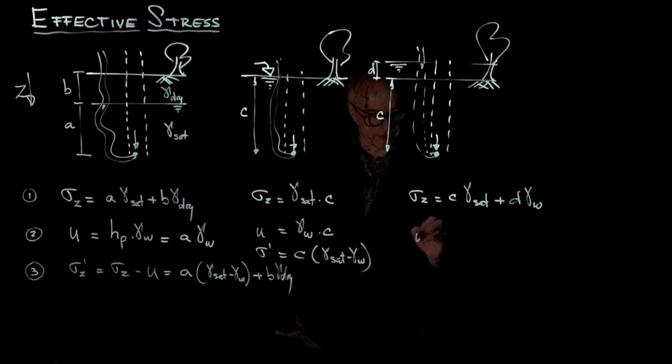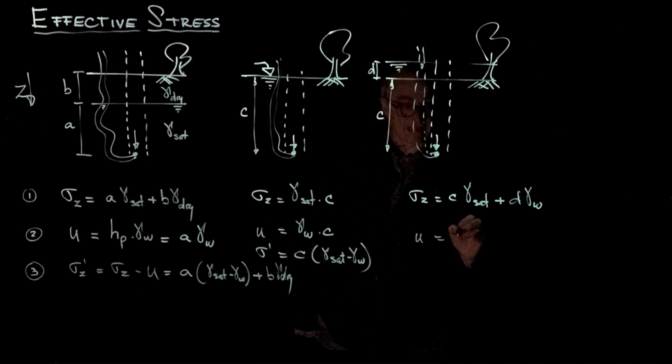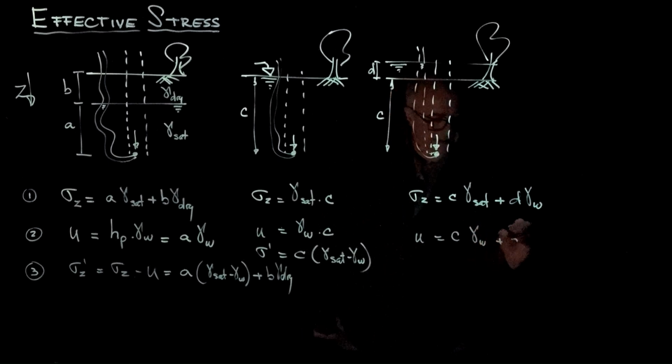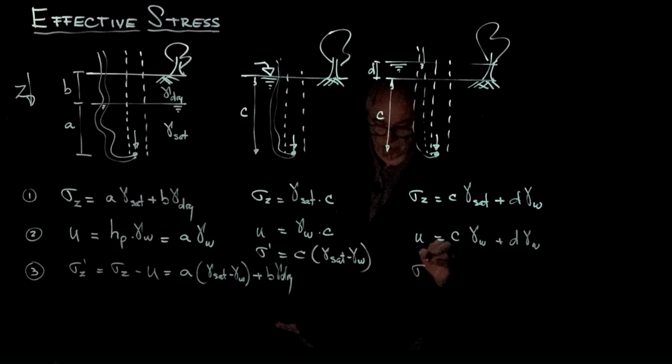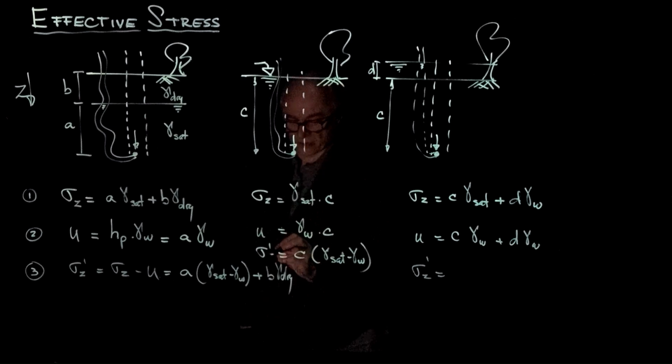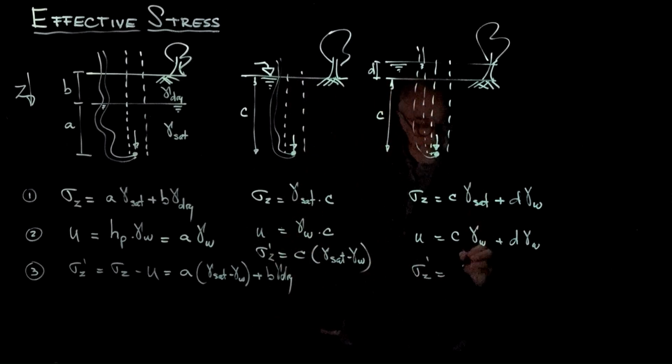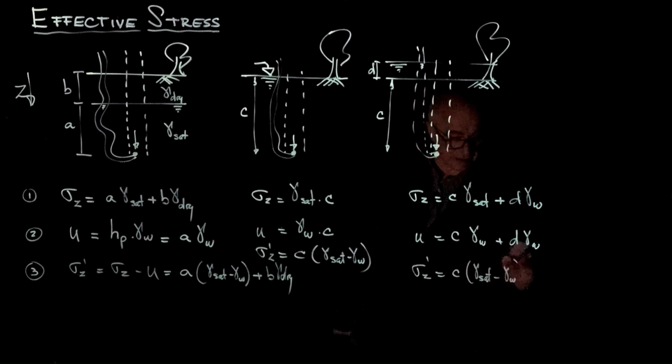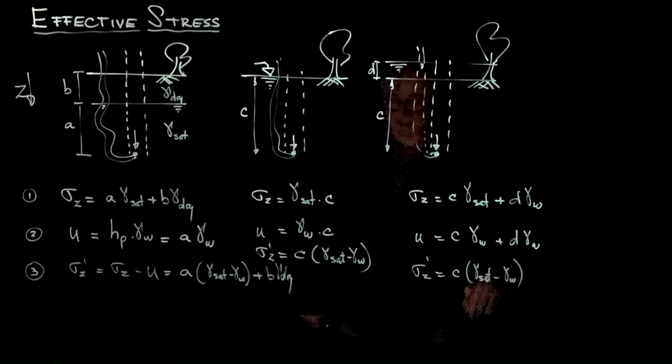So the pore pressure is equal to C plus D gamma water. So let's put C gamma water plus D gamma water. And as you can see, when we subtract, sigma prime z is going to be equal to C times (gamma saturated minus gamma water), and this cancels out.